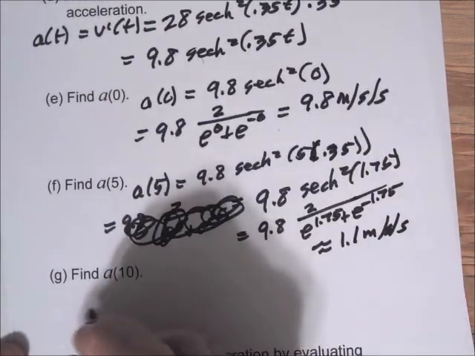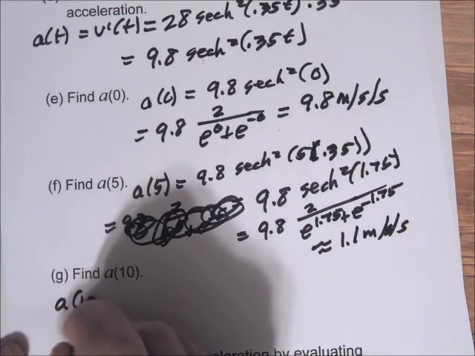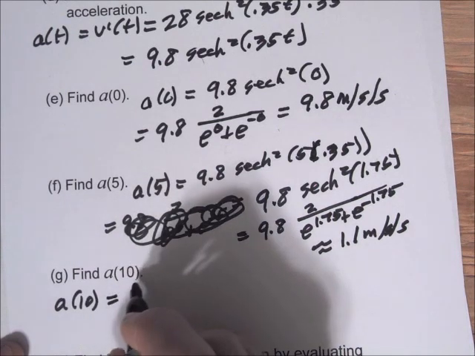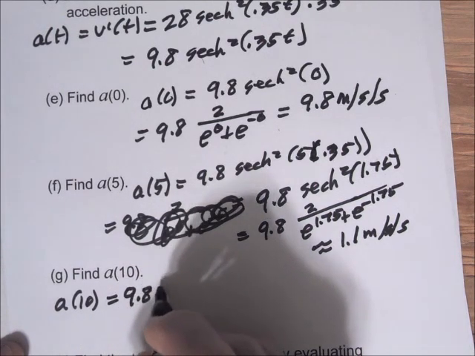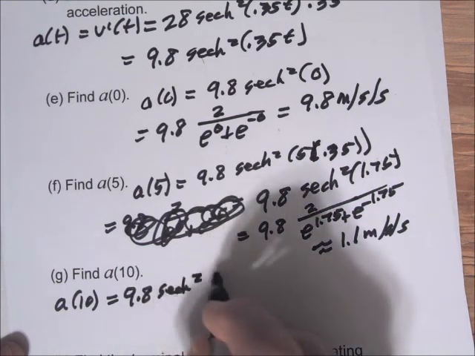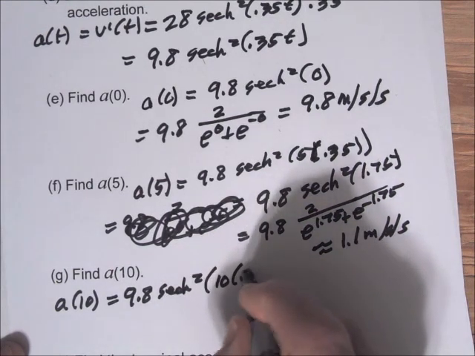And then a of 10, acceleration after 10 seconds, is 9.8 sech squared of 10 times 0.35.